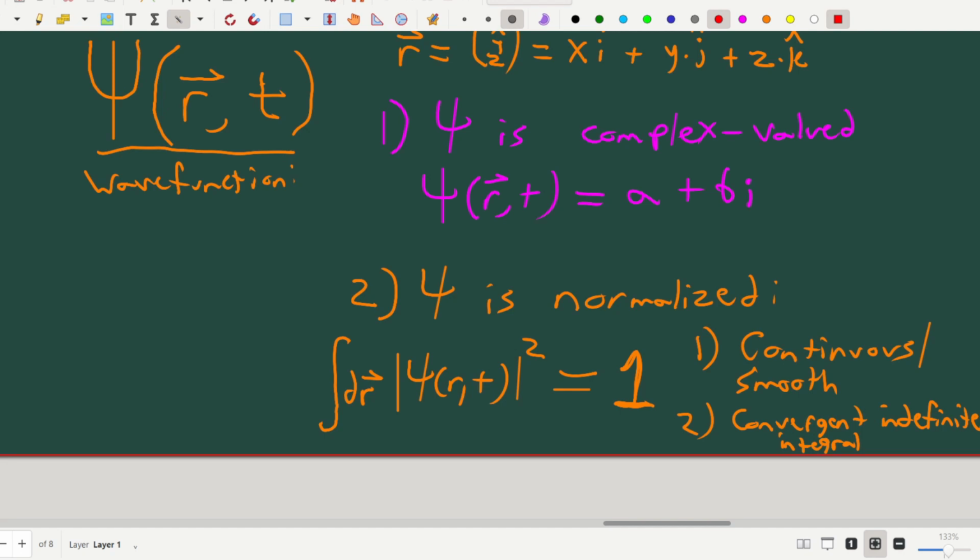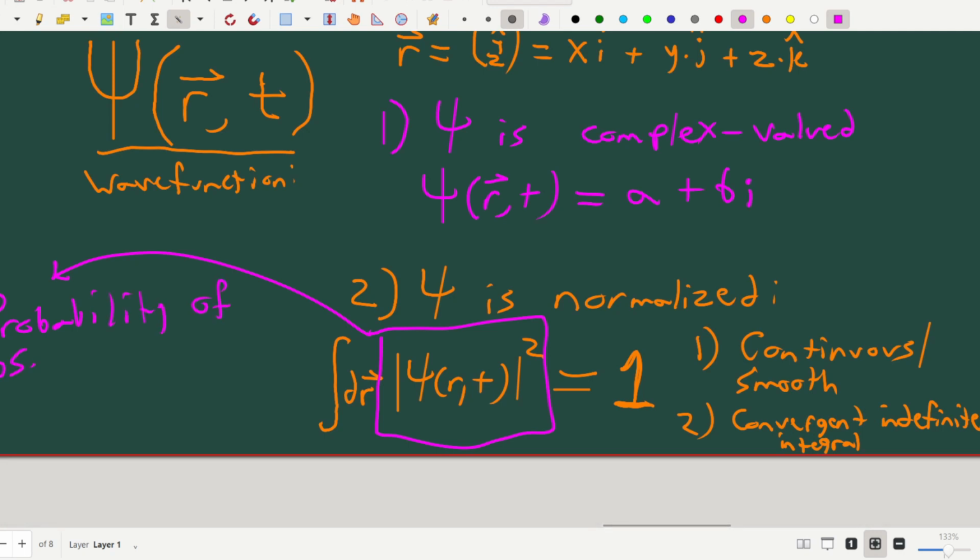So, in fact, what we're going to interpret is that this object psi squared is the probability of observing the system or the particle at position r and time t.